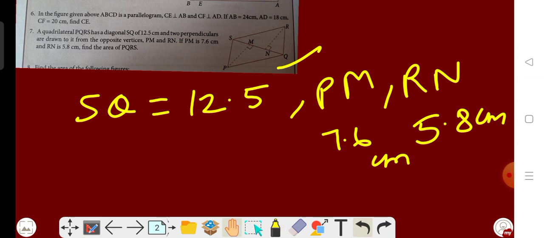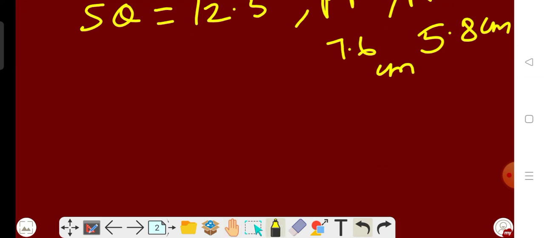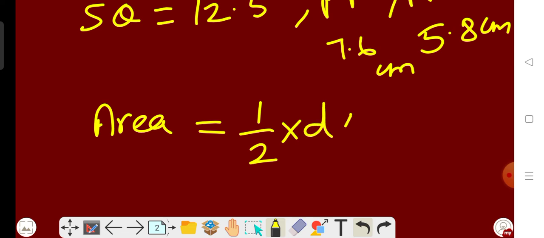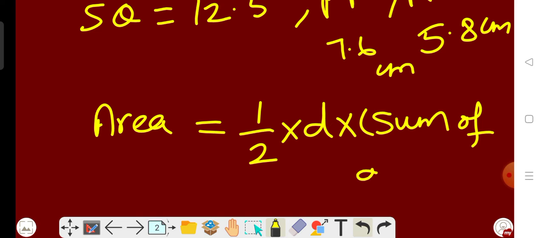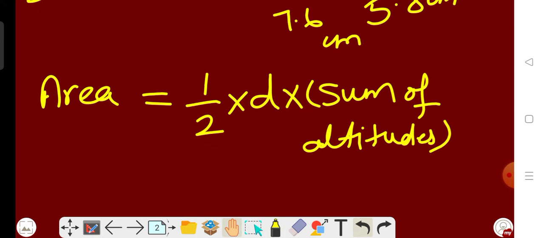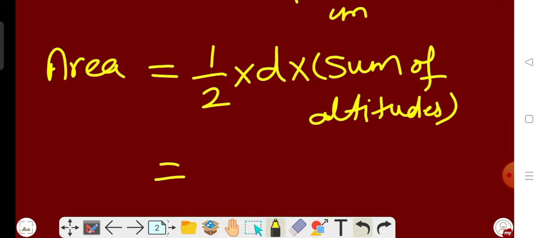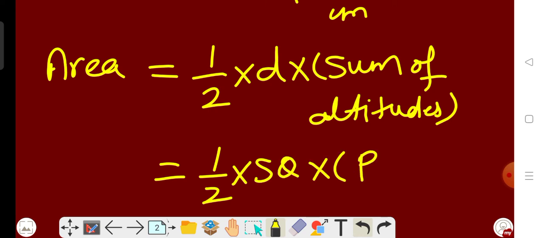First of all, we write the formula for the area of this quadrilateral. Area is equal to half of the diagonal multiplied by the sum of altitudes. So applying this formula, we get 1 by 2 SQ multiplied by PM plus RN.